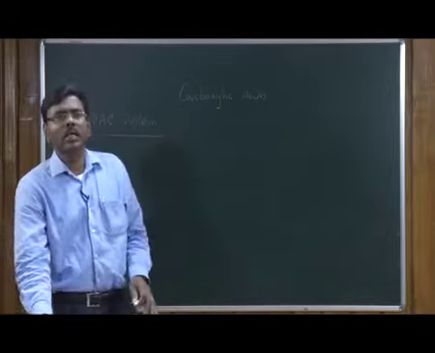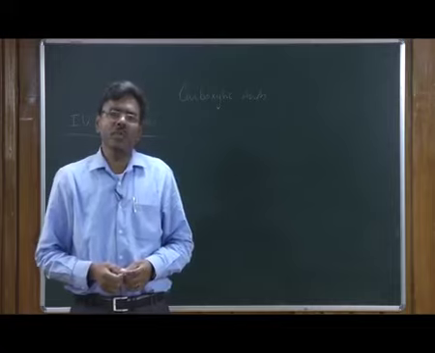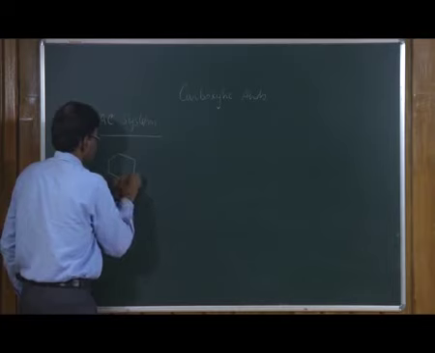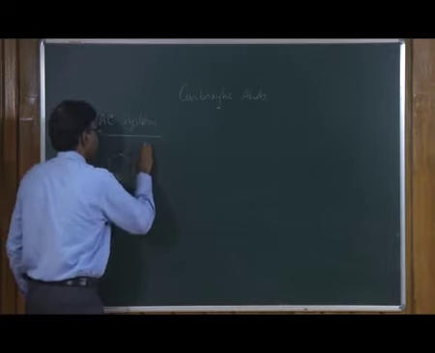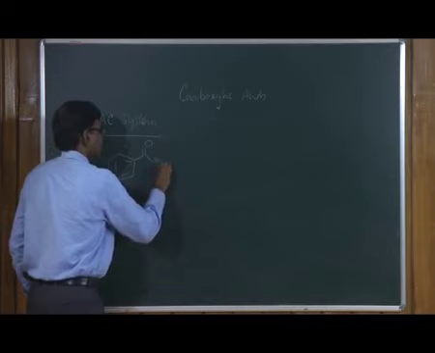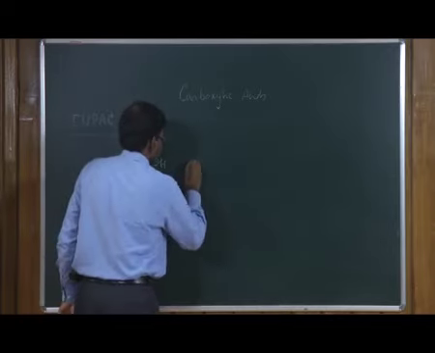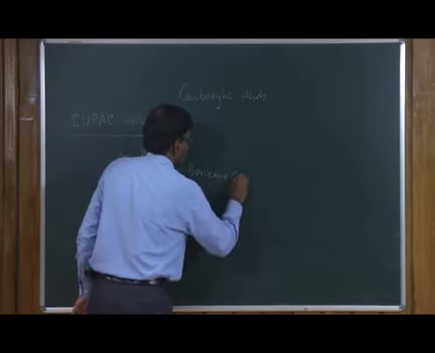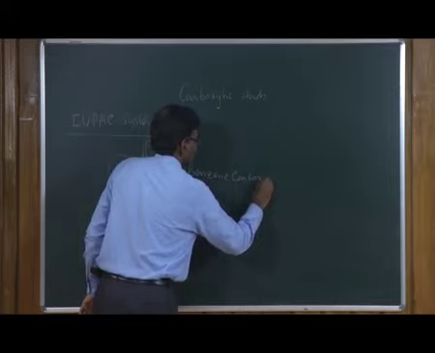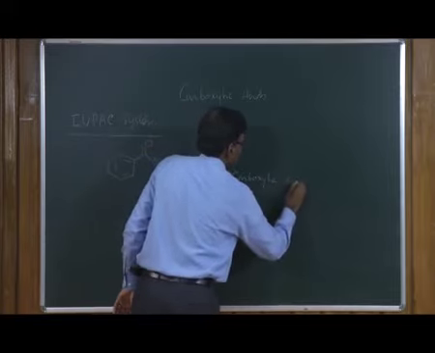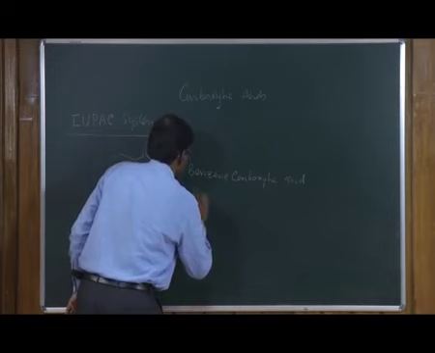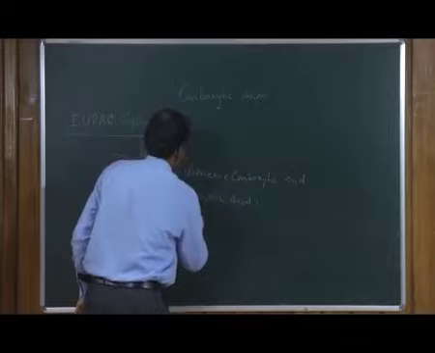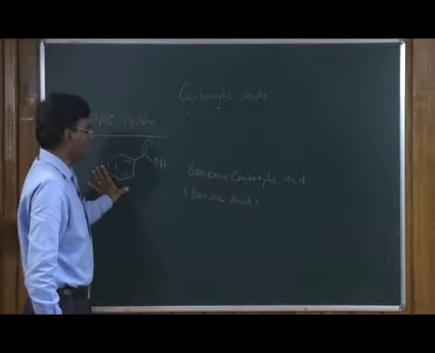So now let us look at examples for aromatic carboxylic acids. This in the IUPAC system is known as benzenecarboxylic acid. Benzoic acid is also used in the IUPAC system, so both can be used for this carboxylic acid.